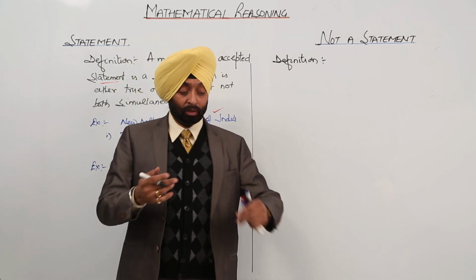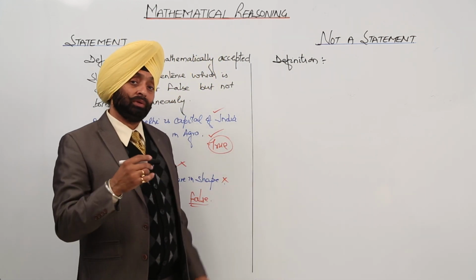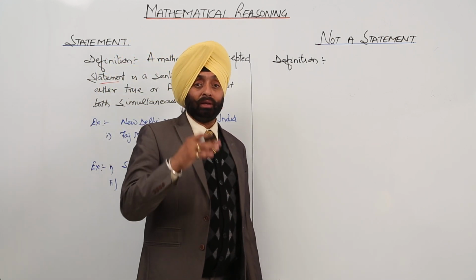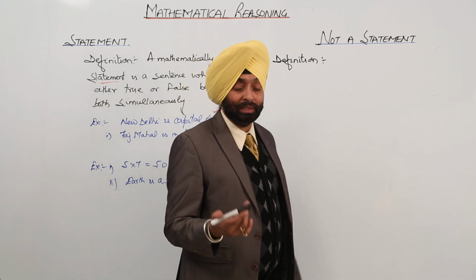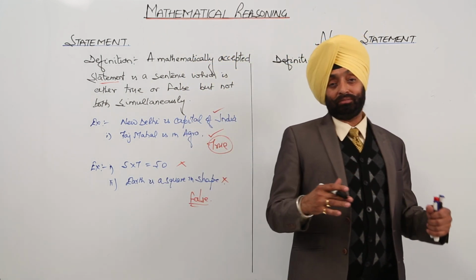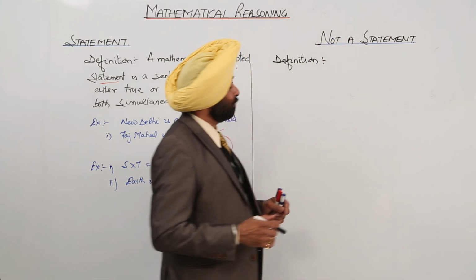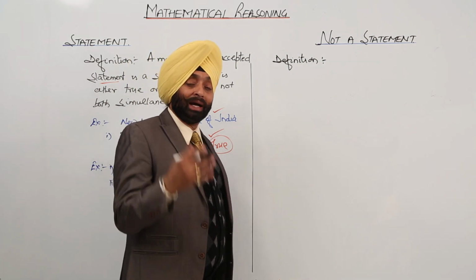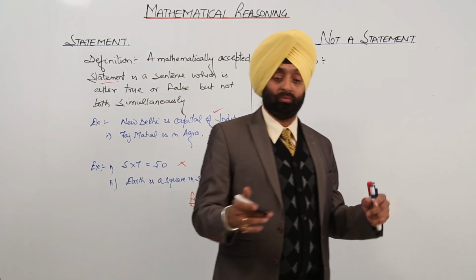It normally happens, because suppose you are going to a bank to deposit an amount, out of 100, 90 people will ask you, is today this date? That's human psychology. So not a statement is what? When you can't say whether the sentence is true or false.